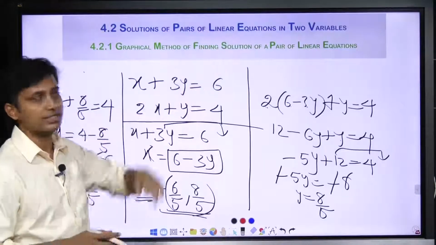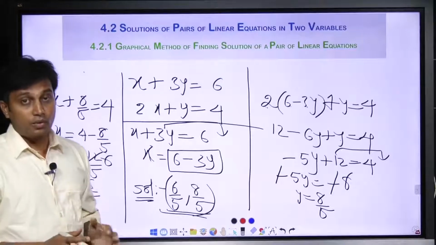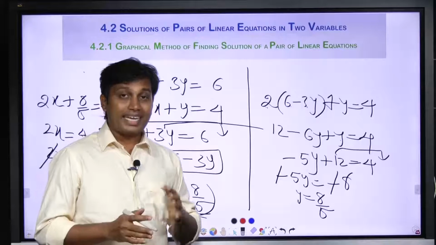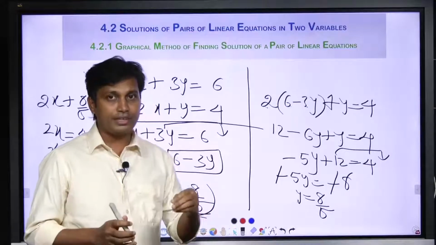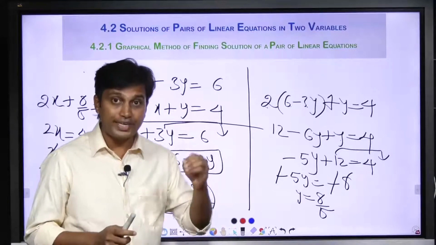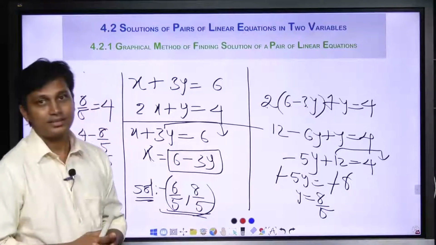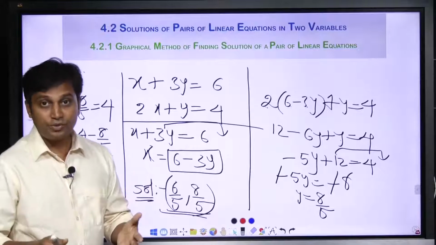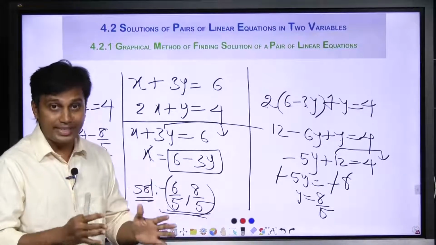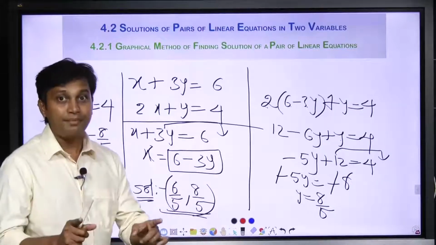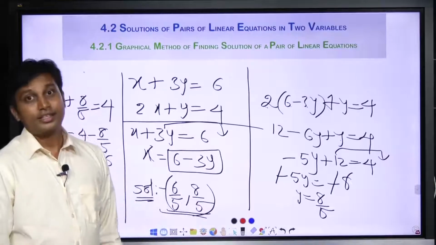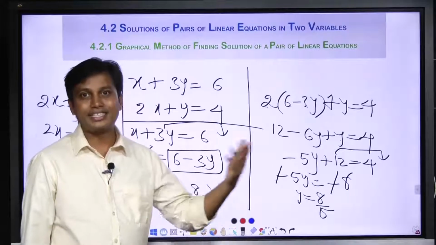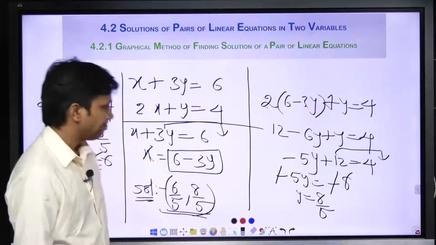Now what is our question? Can we solve any two linear equations and always get one pair like this? Once again I am asking you, is it possible to get one ordered pair every time or not? To explore this, let us see three examples.